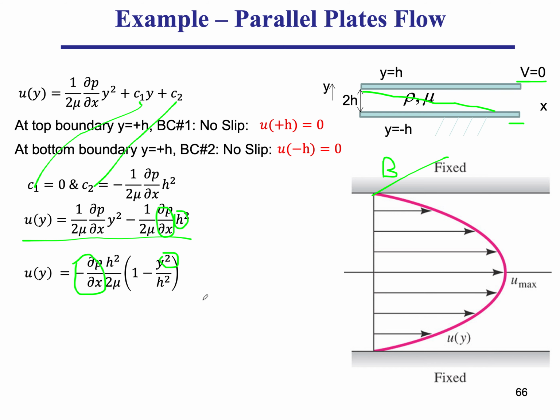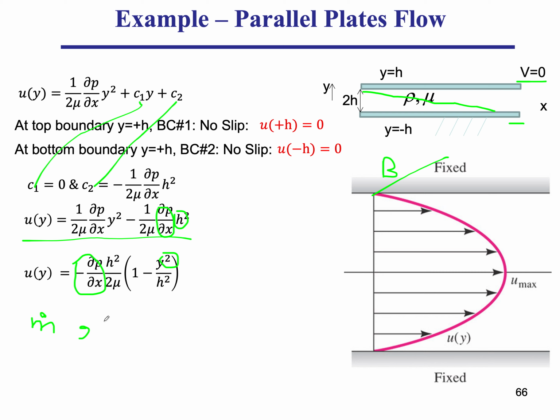So wherever you are along the width b, you're going to get the same profile that you get over here. I would like you now to do the same exercise that we have done before. I would like you to find the mass flow rate that's going between the two plates in this pressure-driven flow.